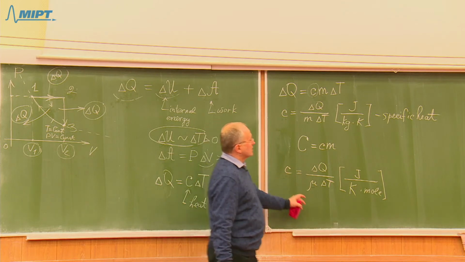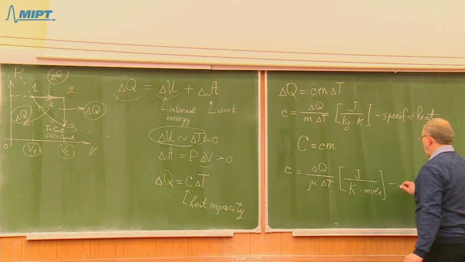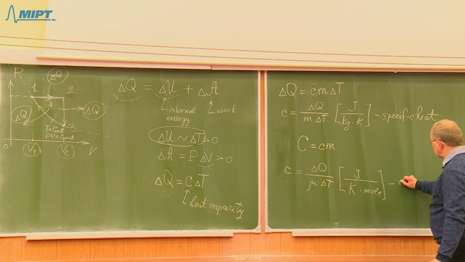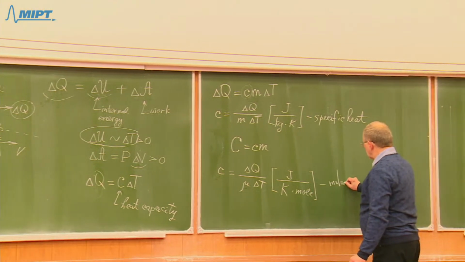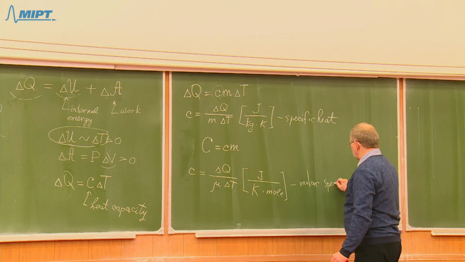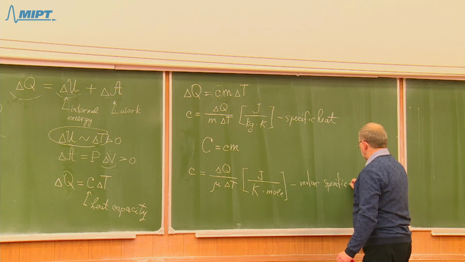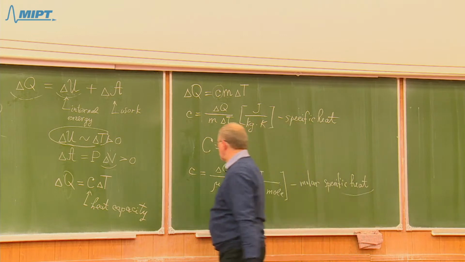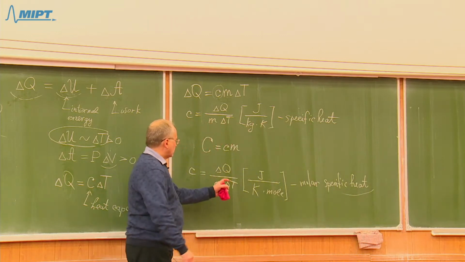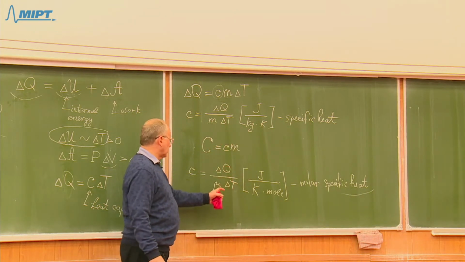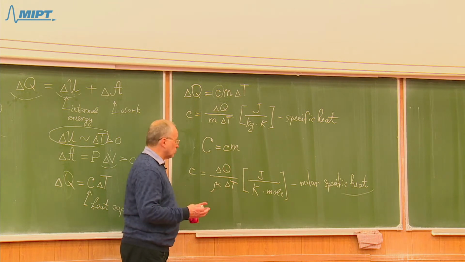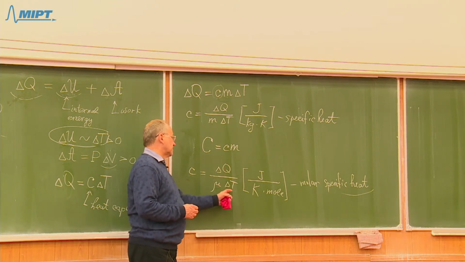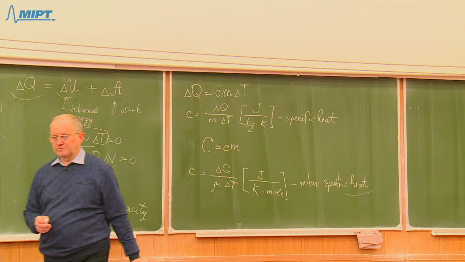But it's also called a specific heat. More often, it's called a molar specific heat. That is the amount of heat energy that should be transferred to 1 mole of a body to increase its temperature by 1 Kelvin.